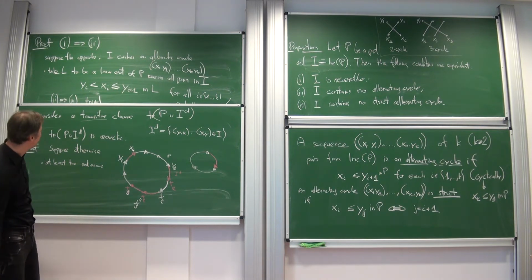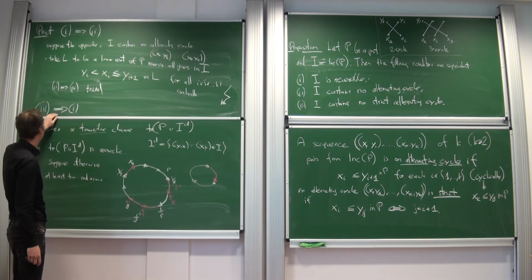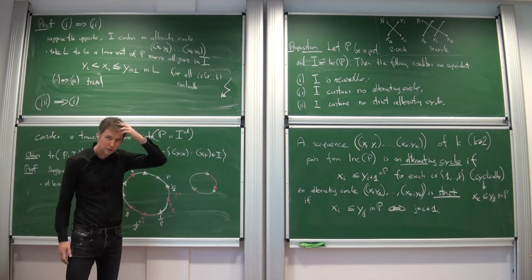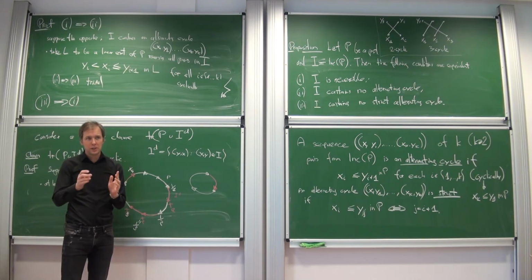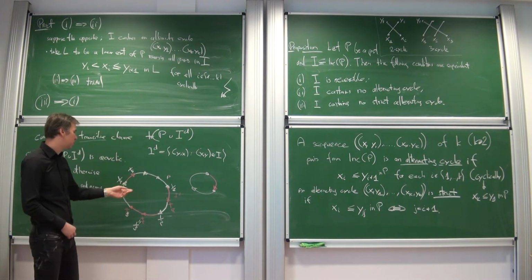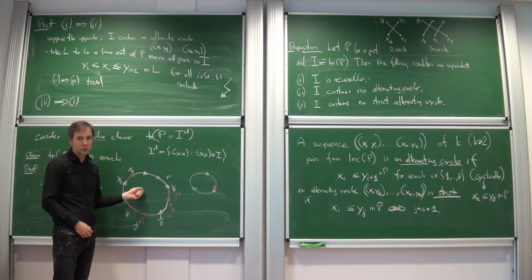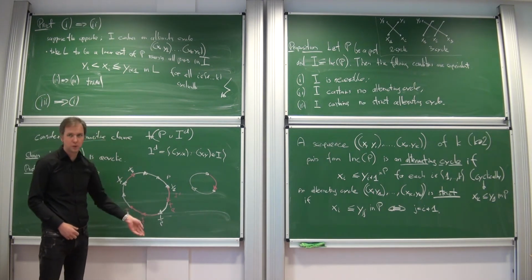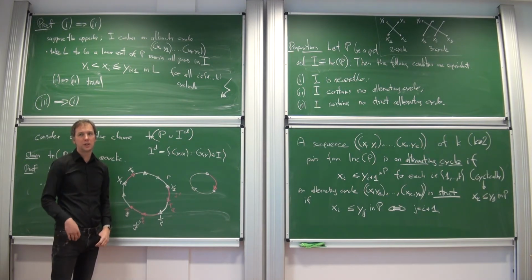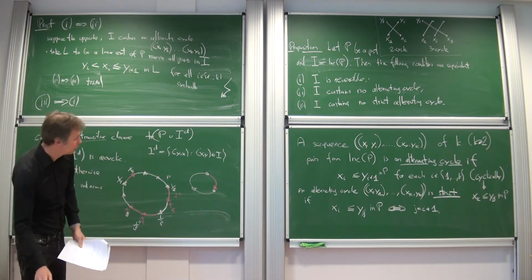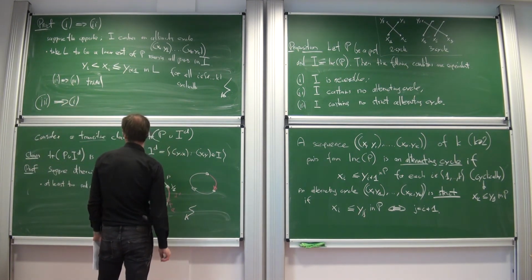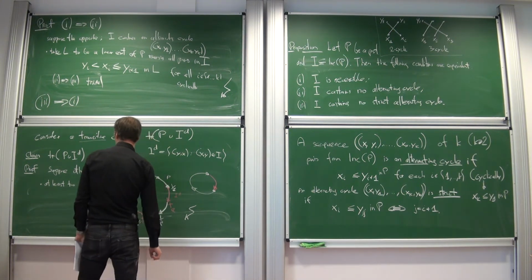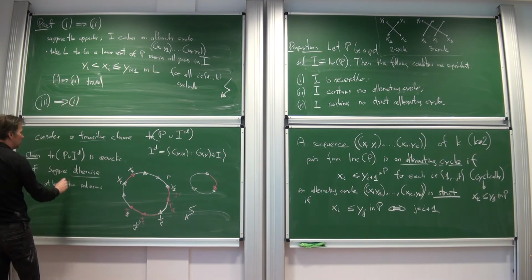We started with an assumption of item 3, so that we have no strict alternating cycle. Well, you can very quickly see that if you have an alternating cycle, then there is a perhaps smaller strict alternating cycle. You can also directly in this proof take a cycle which is shortest, so you don't have any extra edges flowing around, and this will be a strict alternating cycle, which gives you a contradiction, and this contradiction is with the fact that we suppose that this is acyclic.